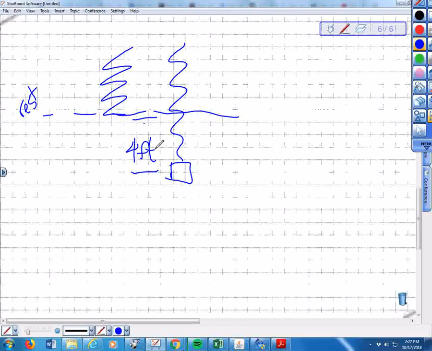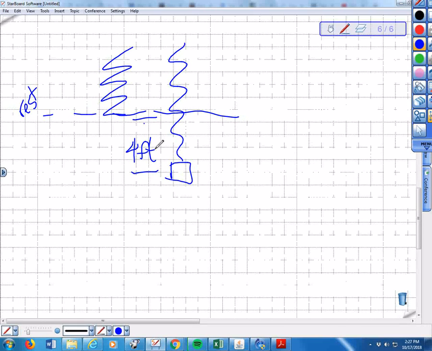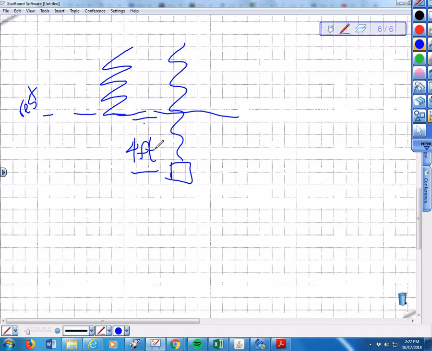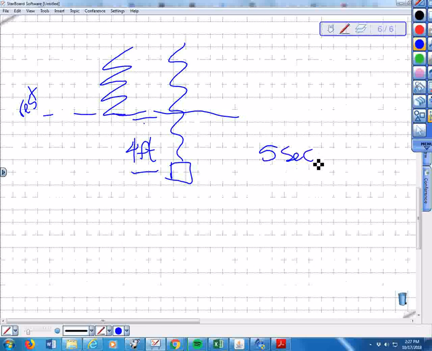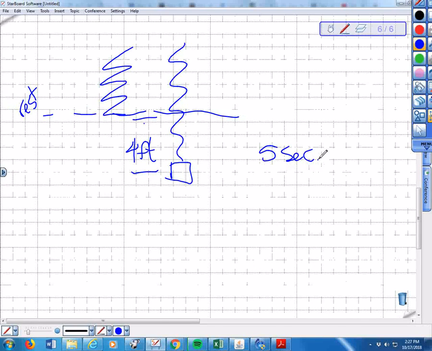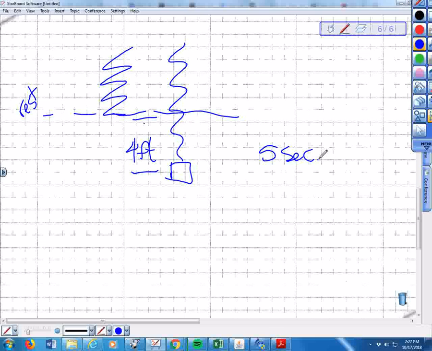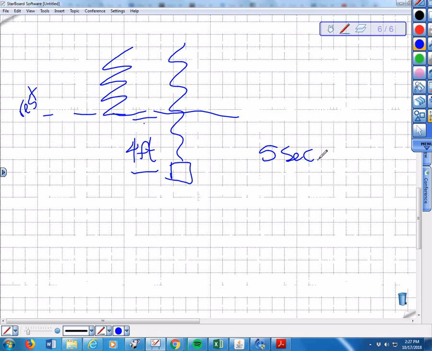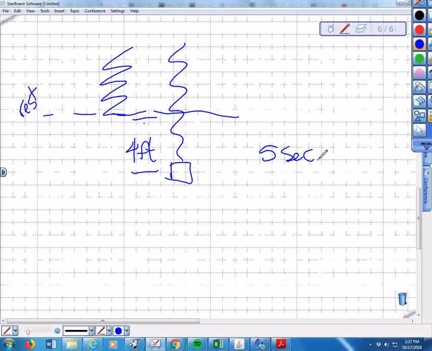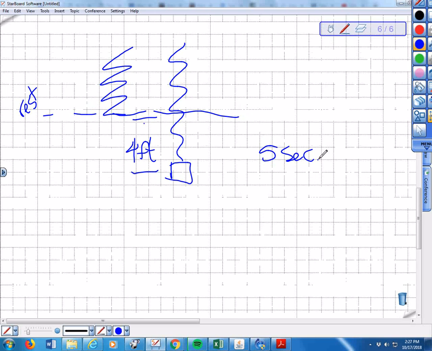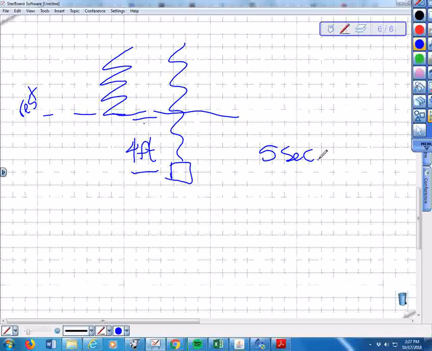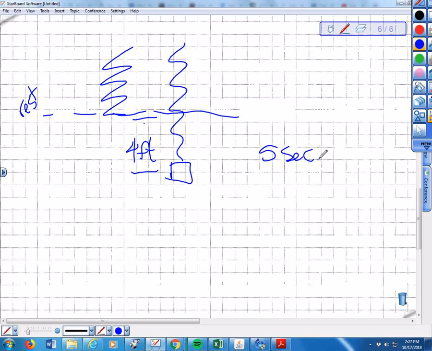If the mass returns to this position after 5 seconds, find an equation that describes its motion. Okay, so what's the period? 5, right? How do I make that a coefficient? 2 pi over 5, because 2 pi is the normal period of sine and cosine. And so if 5 is the period, I take 2 pi over the period to get that coefficient that goes in front.